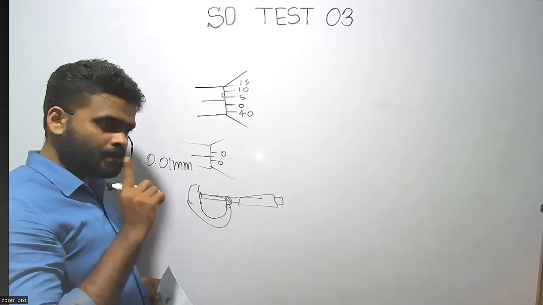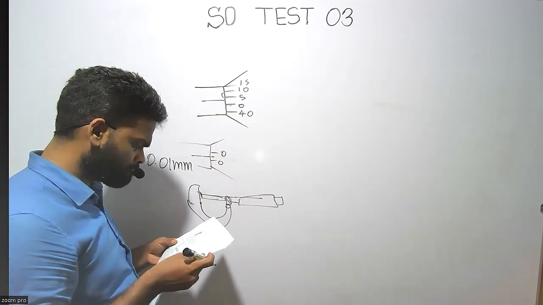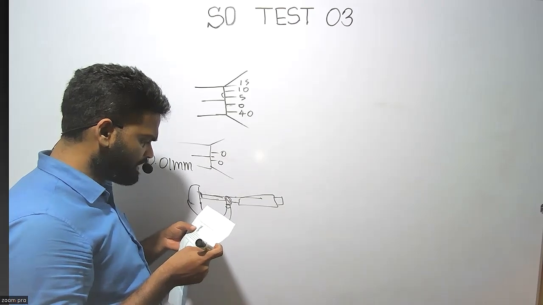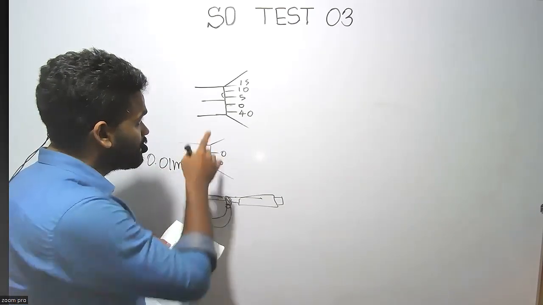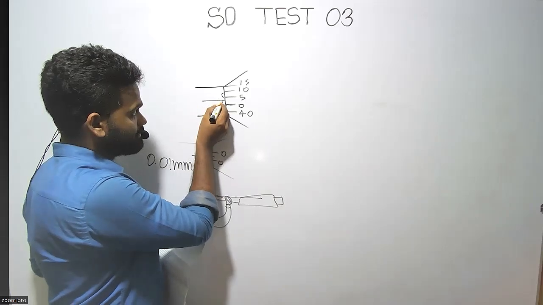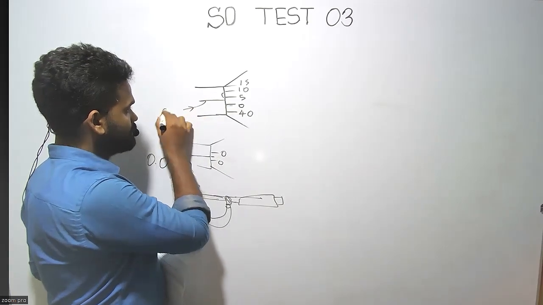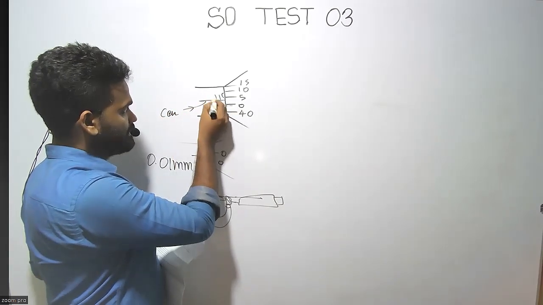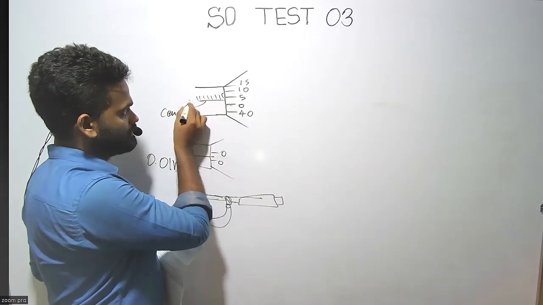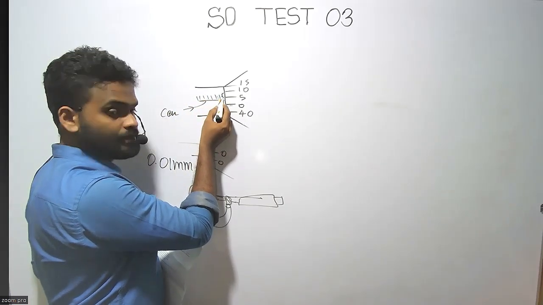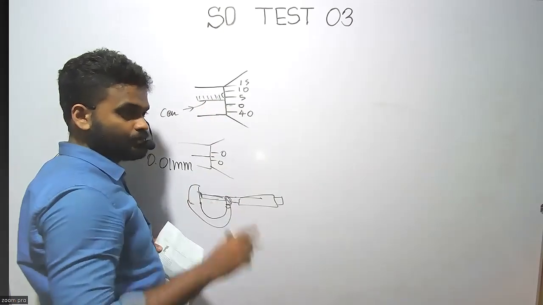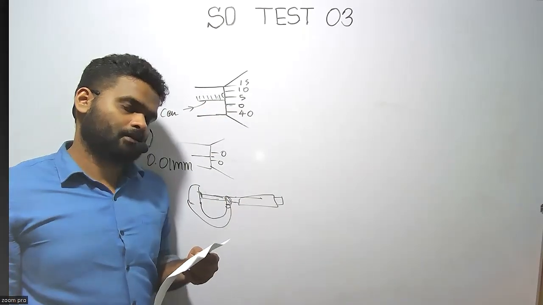Okay. So what they ask is the 0 error. So you can see this is what we call the center line, right? In this line we have the linear scale readings. So you can take readings up to here from the linear scale. Usually it is in millimeters, right?